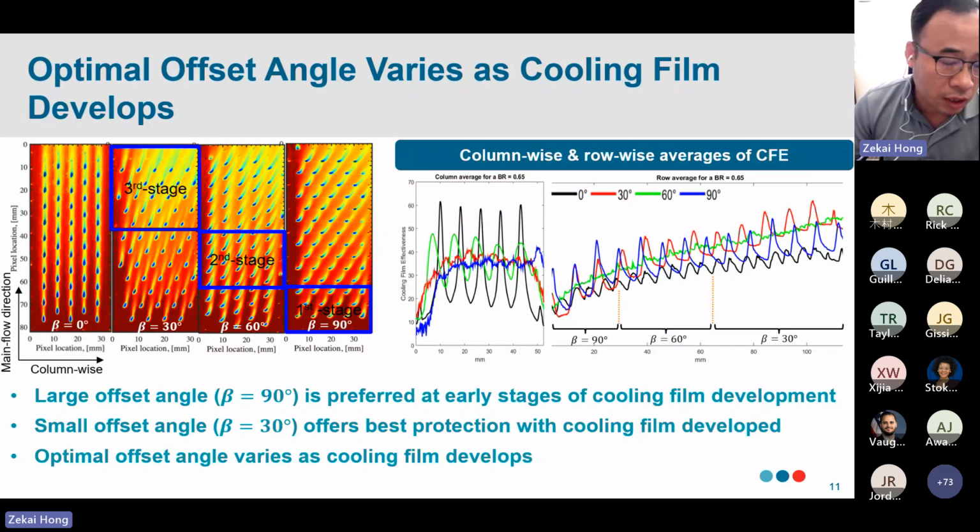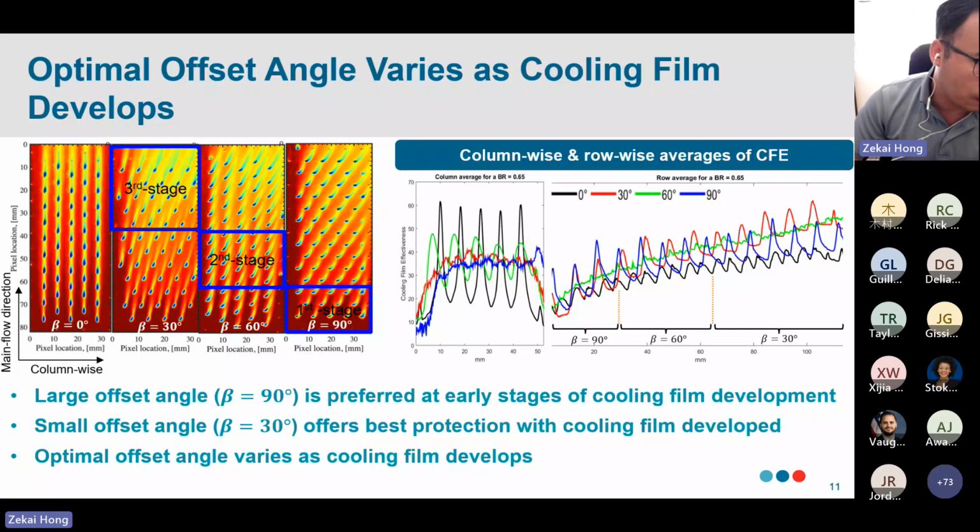Then we dug a little bit deeper and found that, depending on the stage of the effusion cooling film development, different offset angles can have different effectiveness. At the onset of the effusion cooling film, a big compound angle is more efficient. Then as the cooling film develops, a slightly reduced compound angle works best.